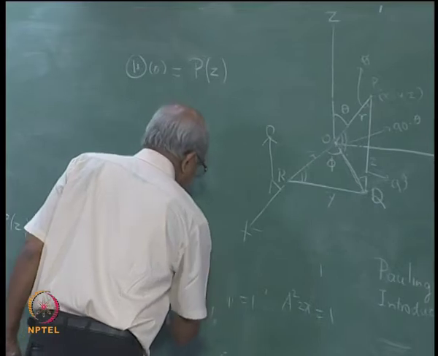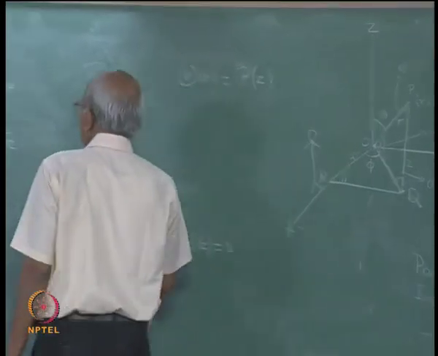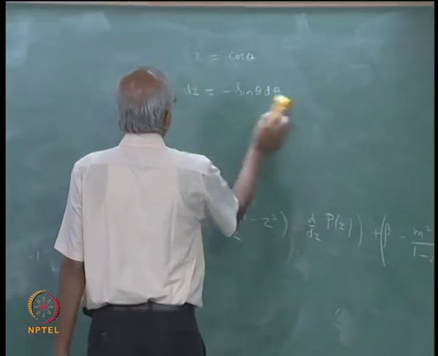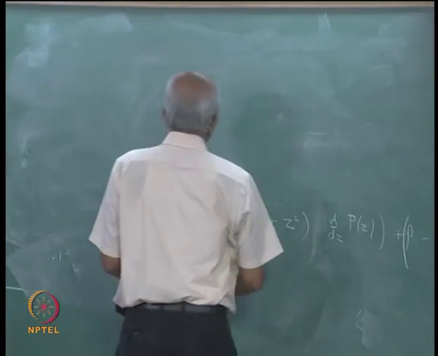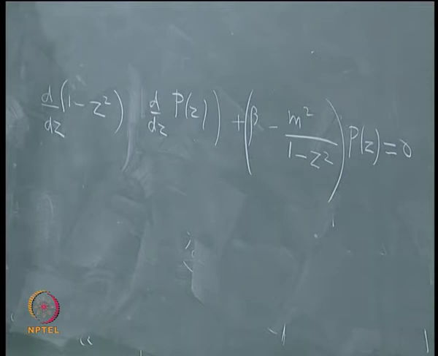Now you see this can be rewritten in a slightly simpler form by making a substitution. This is going to take a little bit of time, so I will do it in the next lecture.